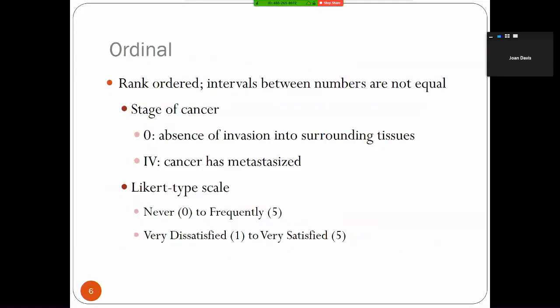Then we have ordinal data, which are simply rank-ordered data. The intervals between the units are not equal. Take stage of cancer: 0 is the absence of invasion, and stage 4 is that the cancer has metastasized. The distance between stage 1 and 2 is not the same as the distance between stage 3 and 4. Therefore, it makes no sense to perform arithmetic operations like adding, subtracting, multiplying, and dividing.